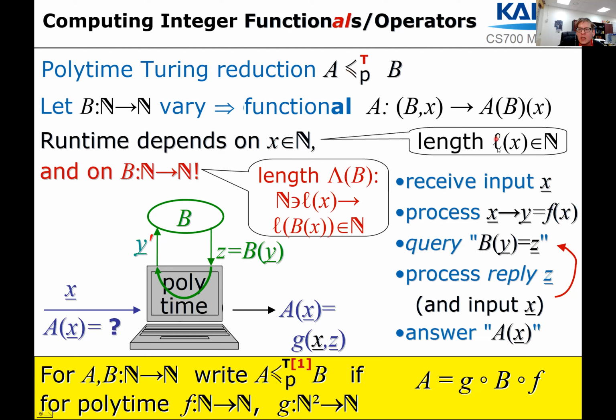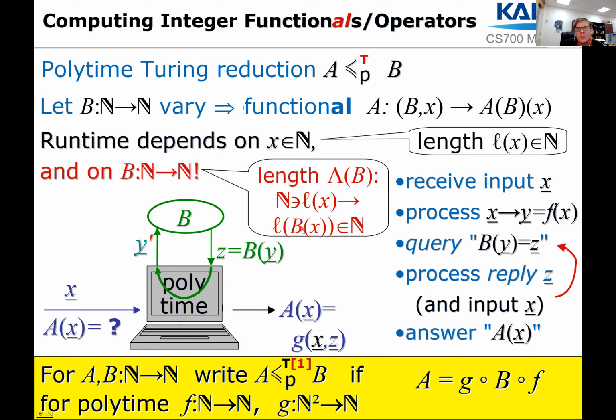So small l of integer x is a natural number, is a constant, and capital L or lambda of the function b is a function from natural numbers to natural numbers, which takes the length of the argument to b and returns the length of the value b of x.